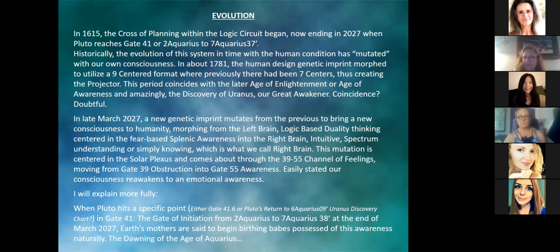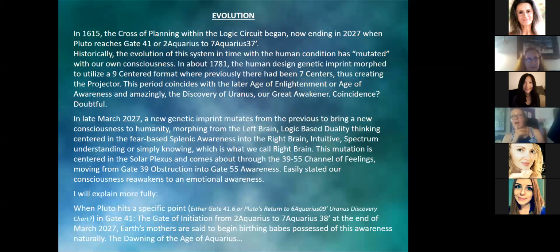So to bring that all together, it's basically a time when we'll be moving from left brain, logic-based understanding, duality, or polarity would be a better way to say it, of this or that, male or female, into more of a continuum understanding, using our right brain and using our intuition a lot more strongly. So when Pluto gets there, that would be pretty much the age of Aquarius to me.